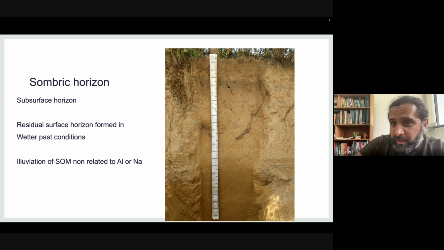Okay, but because of some switch in the landscape, especially because of climate change, we destroyed the darkish colors at the surface. We destroyed this high organic carbon only at the surface. And at the subsurface, we preserved this organic carbon and these darkish colors.